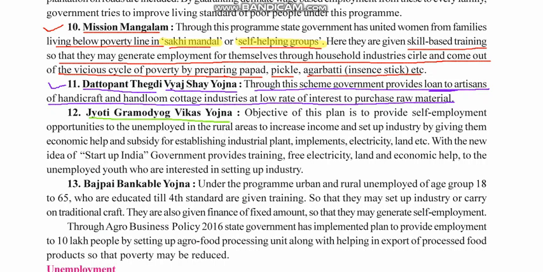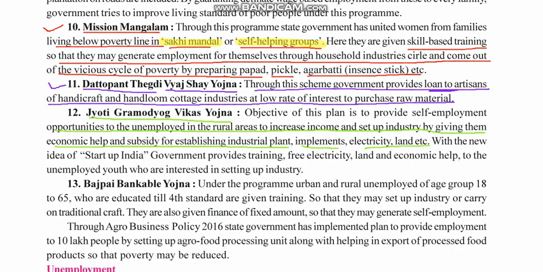Jyoti Gramoday Vikas Yojana. The objective of this plan is to provide self-employment opportunities for the unemployed in the rural areas to increase income and set up industries by giving them economic help and subsidy for establishing industrial plants. They are provided subsidies for establishing industrial plants, implements, electricity, land, and so on. Why is it done?